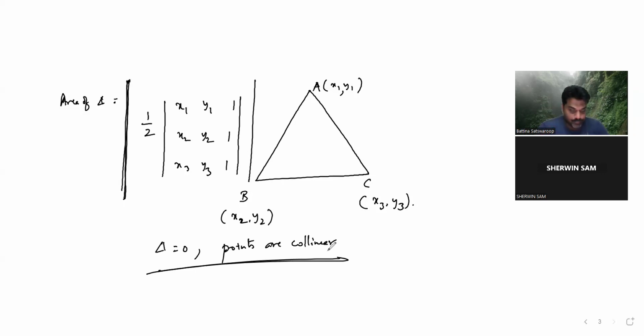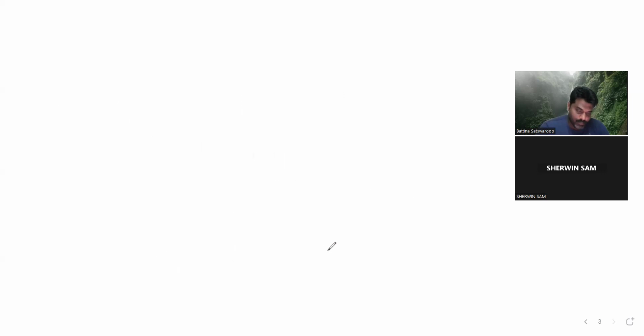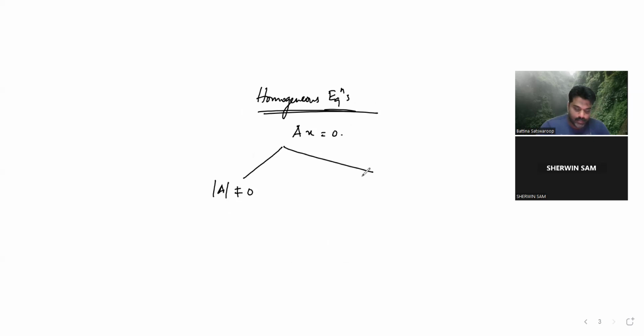Next, I will talk about homogeneous equations. Let us say AX is equal to 0. Now two conditions are possible: determinant of A is not equal to 0, or determinant of A is equal to 0.